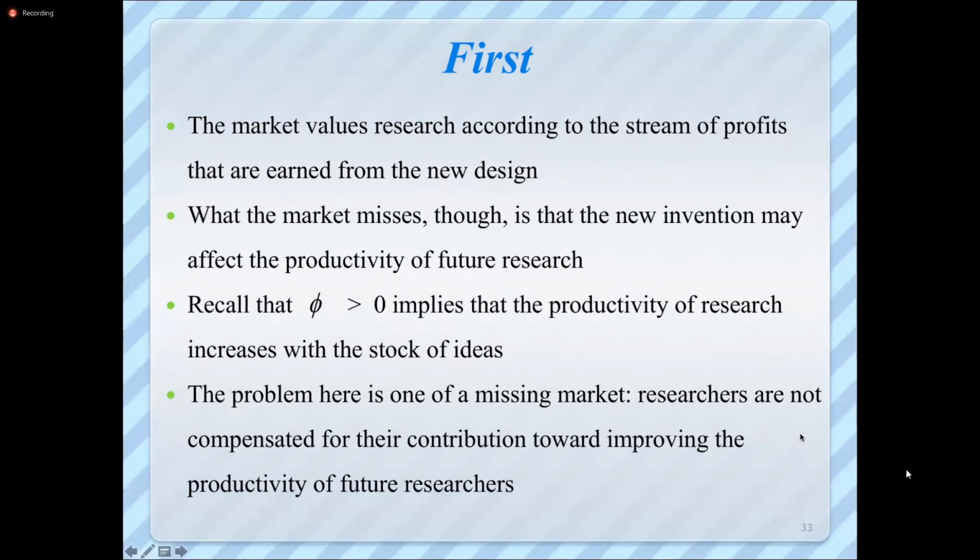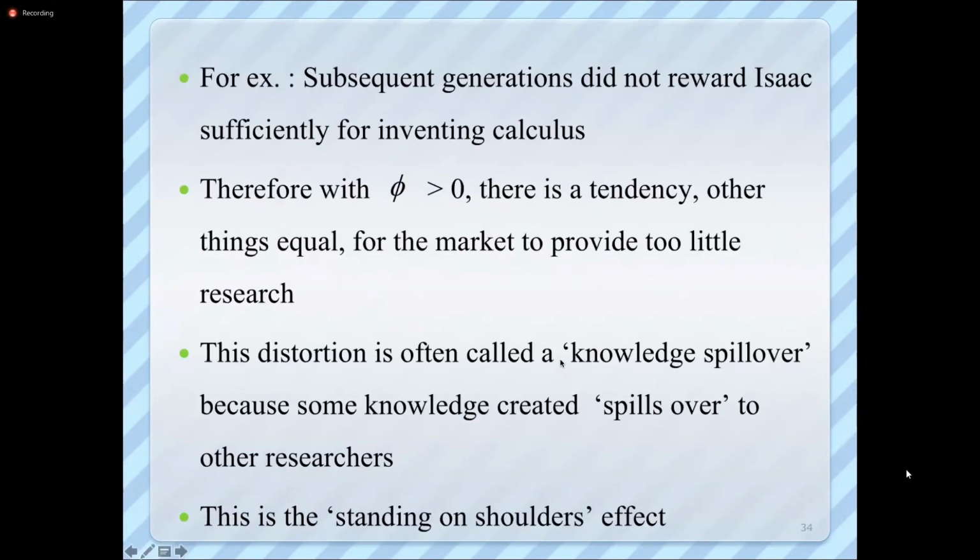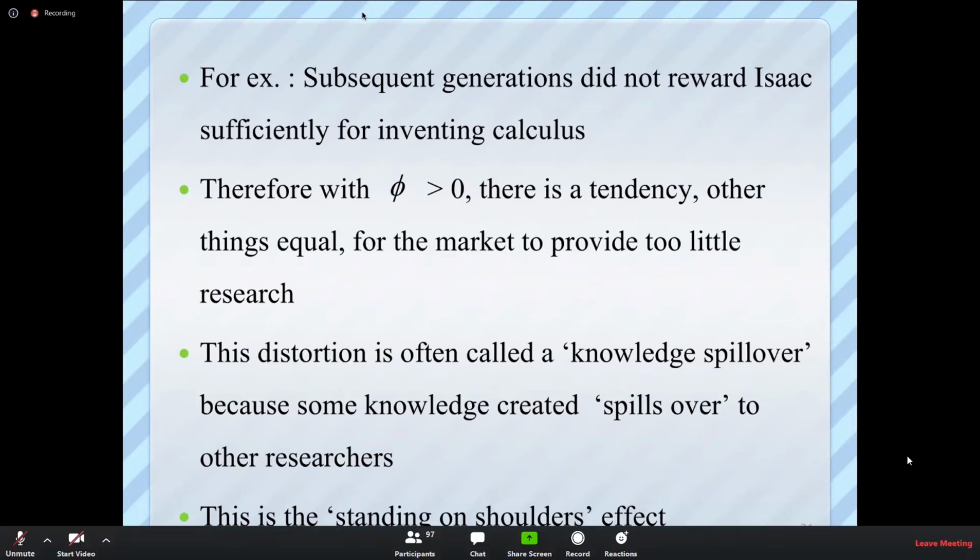Researchers are not compensated for their contribution toward improving the productivity of future research. Example, subsequent generations did not reward Isaac sufficiently for inventing calculus. Right? So therefore, when phi is more than 0, there is a tendency, other things equal, for the market to provide too little research. We call this a knowledge spillover because some knowledge created spills over to other researchers.